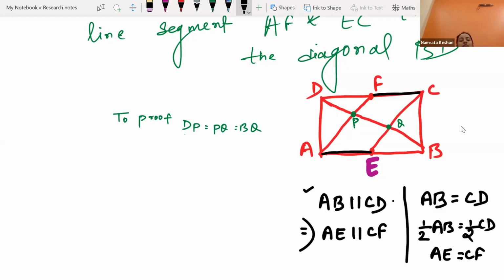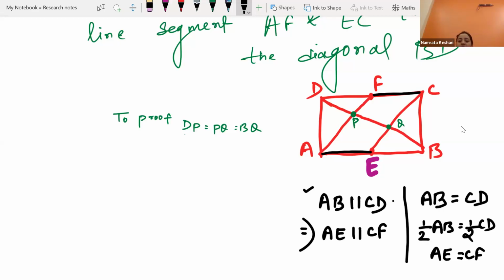Also, since ABCD is a parallelogram, AB is equal to CD, the same in length. So if AB and CD are the same in length, then half of AB and half of CD will also be equal. Yes or no?